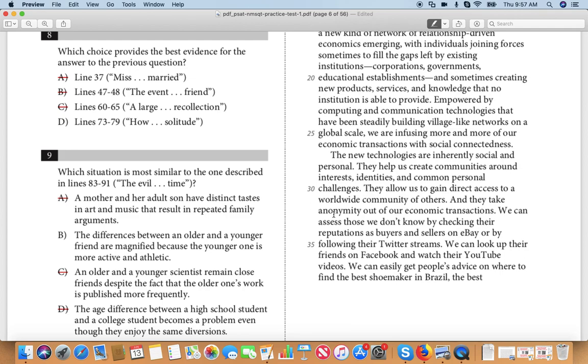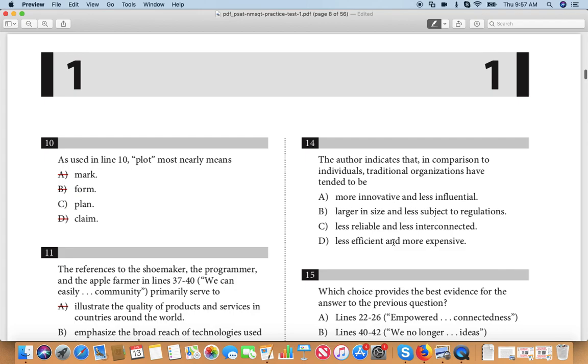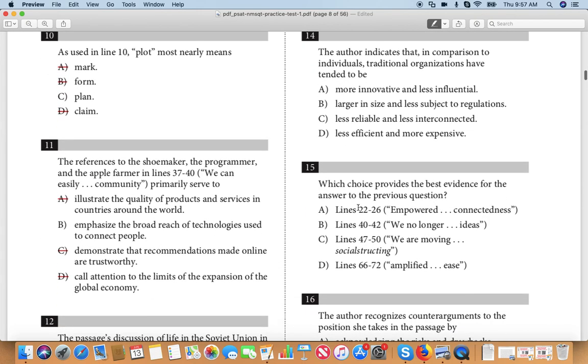Is anything being compared there? I don't think so. I don't see a comparison, let alone a comparison between individuals and traditional organizations. Okay, so that's not looking good.